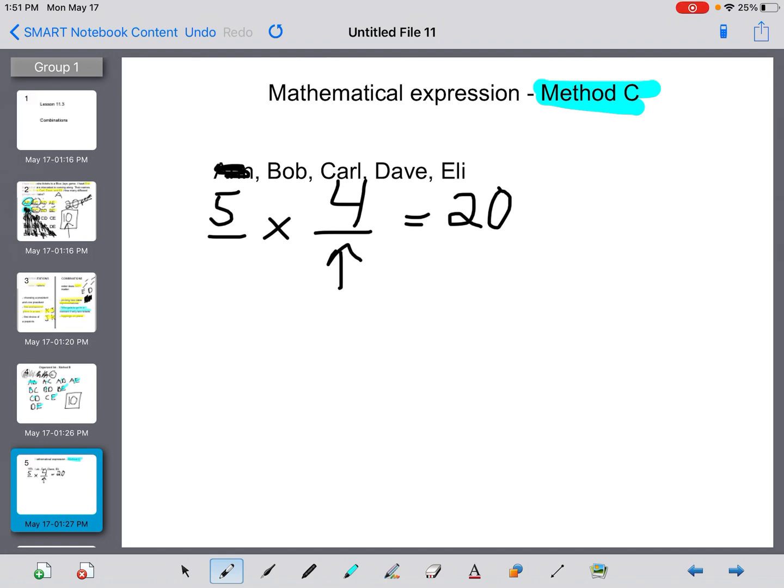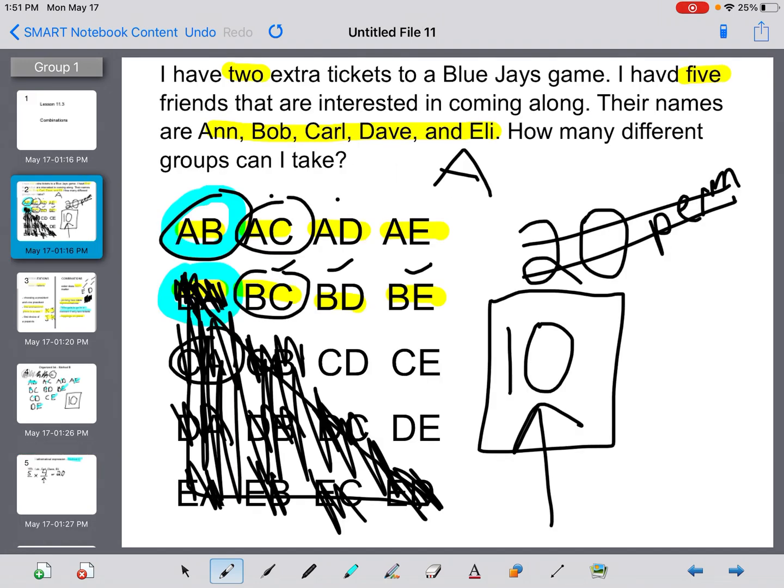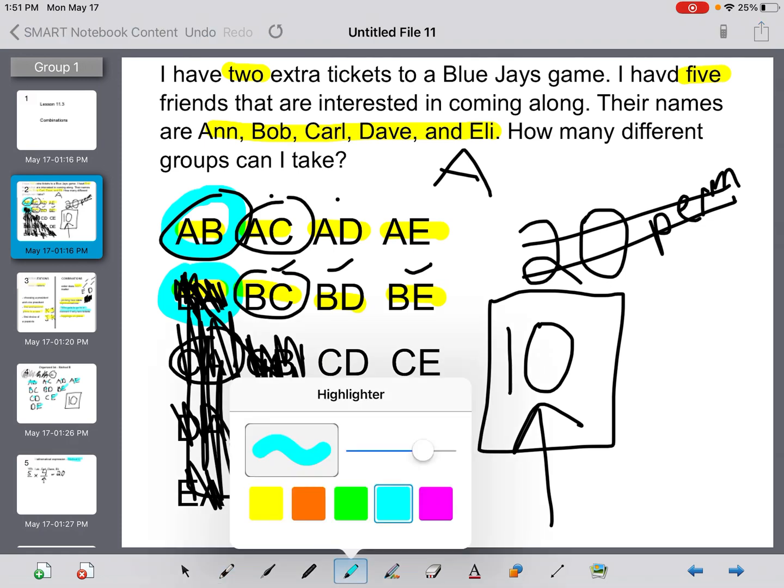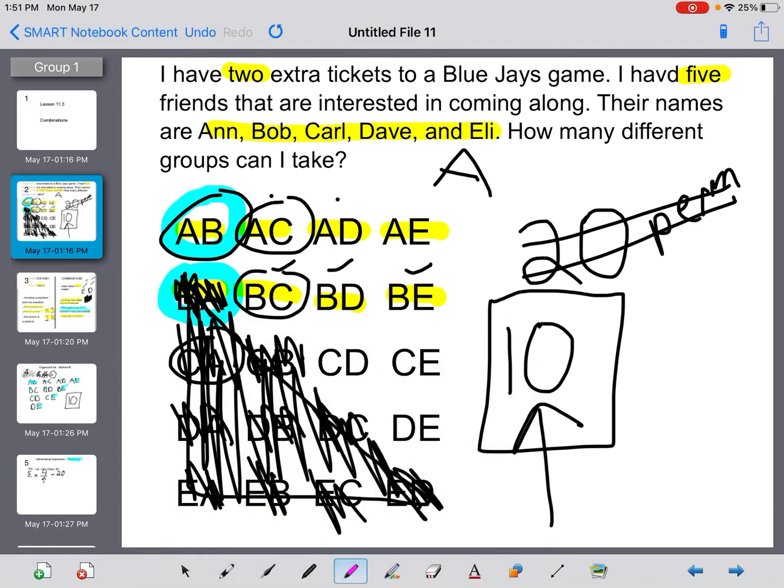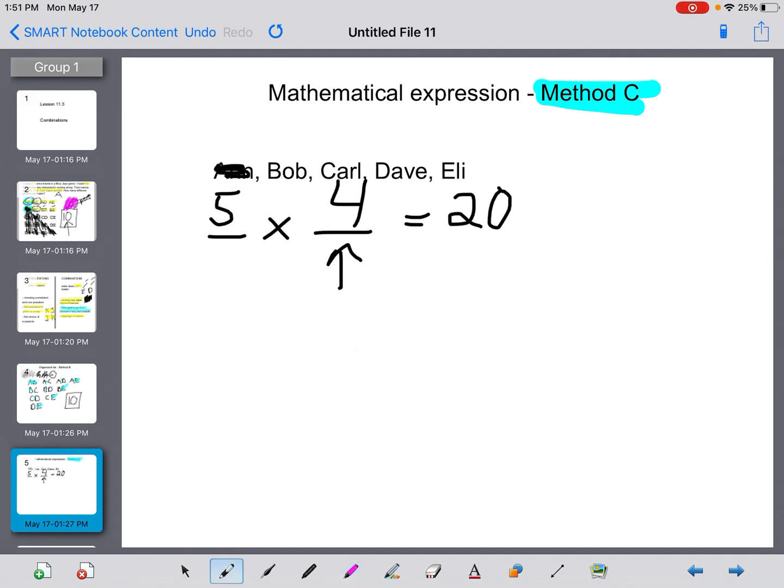But we know from over here with our messy sample space that if I just were to do 5 times 4 and get 20, that I would actually have a lot of doubles, right? I would have an Anne and Bob and a Bob and Anne. So I want to get rid of that. And this is where it gets a little bit tricky. But basically what I do is I'm going to divide by the number of ways I could create this grouping.